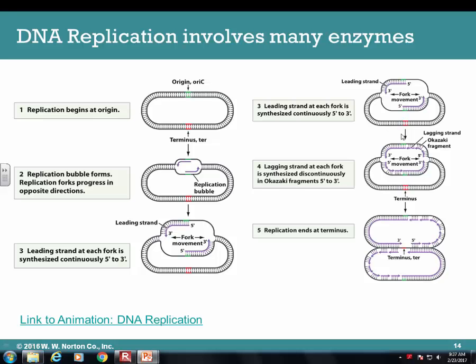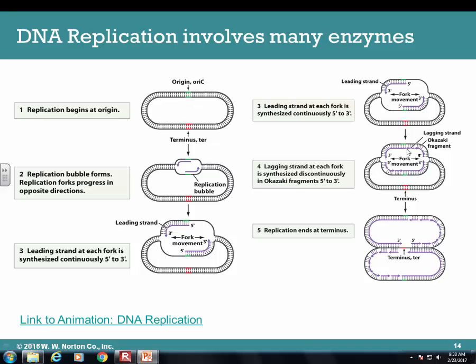And the lagging strand is also replicated in the same direction, but in kind of fits and spurts, in that it's being made in these short fragments of nucleotides called Okazaki fragments. And those are kind of pieced together. So in that way, even though the terminus is not exactly at the origin, you're getting a complete copy.